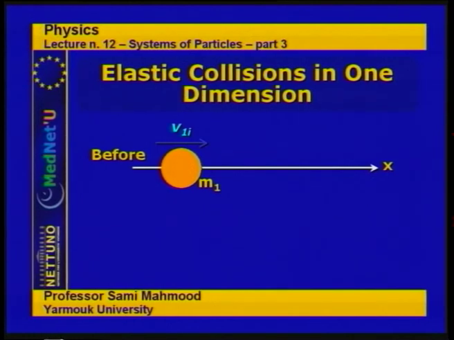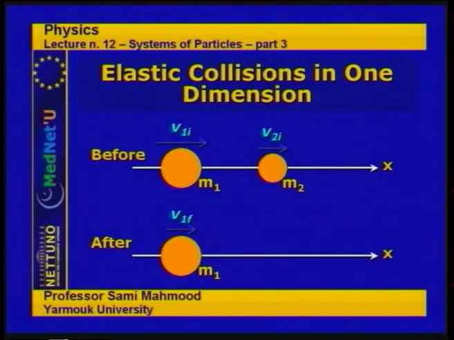It has mass m1, and there is another ball, the target ball, with mass m2, having velocity v2 initial, and both are moving along the x-axis. The one dimension on which the collision occurs, we call it the x-axis for convenience. It's just a name that we give that axis. So this is the state of the system of particles before the collision.